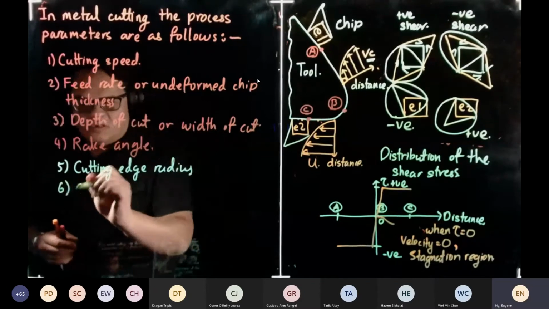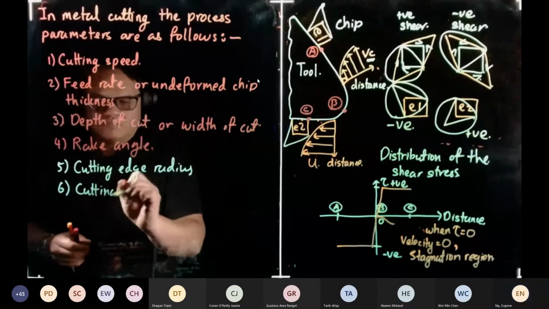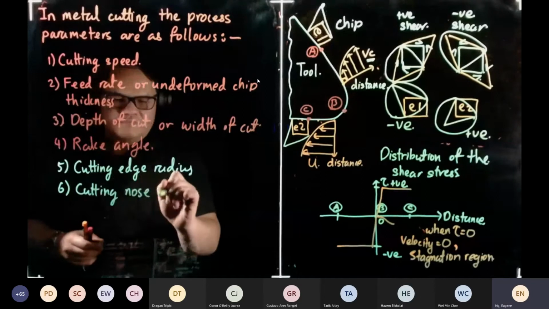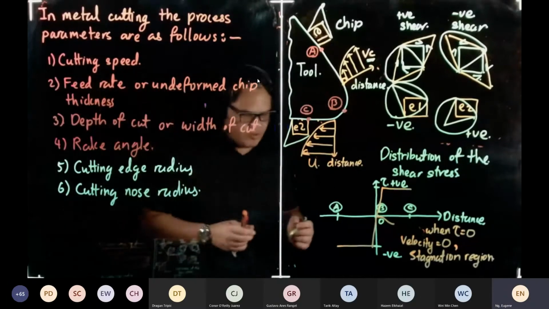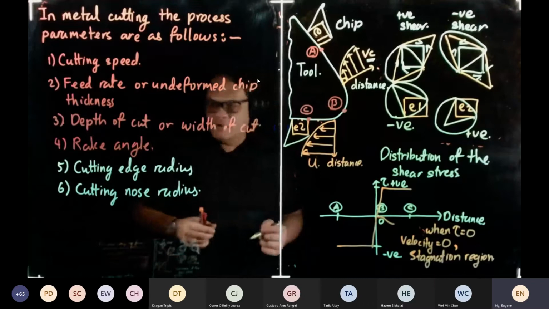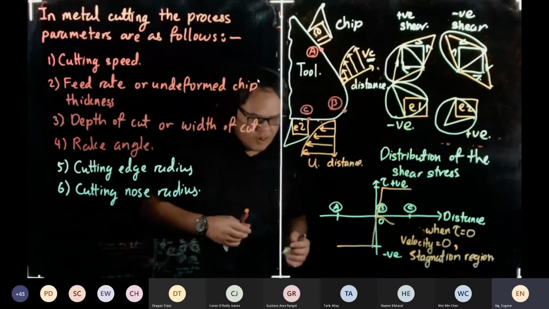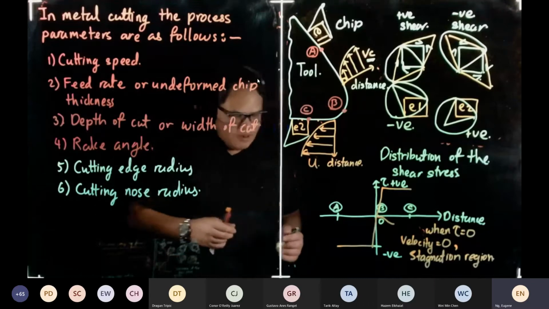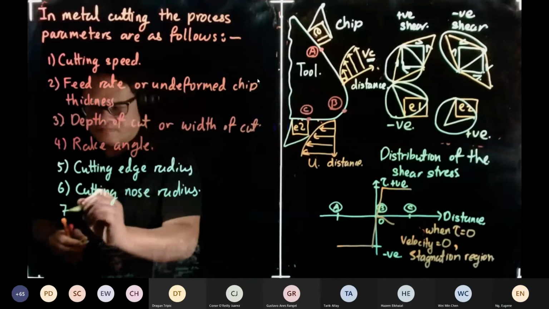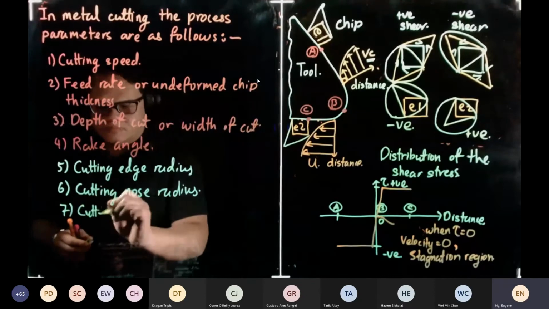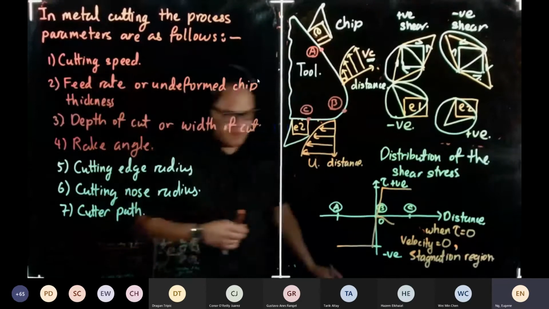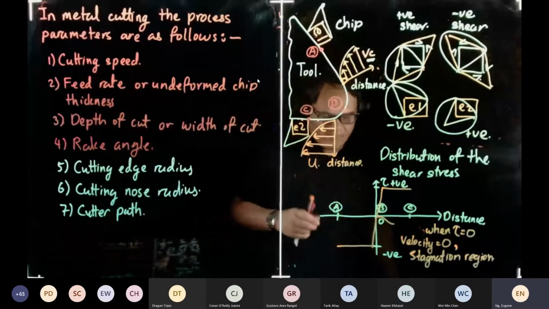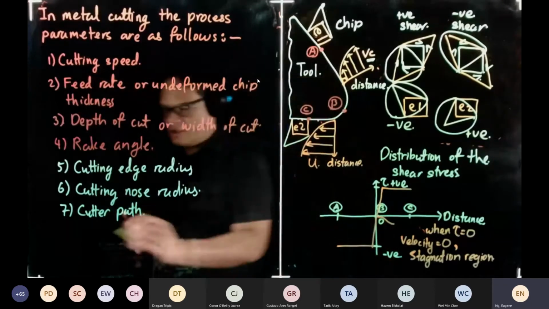Cutting nose radius. Both are two different things. Then we also have things like cutter path, which I will explain later, or how the tool is moving. Okay, cutting environment.